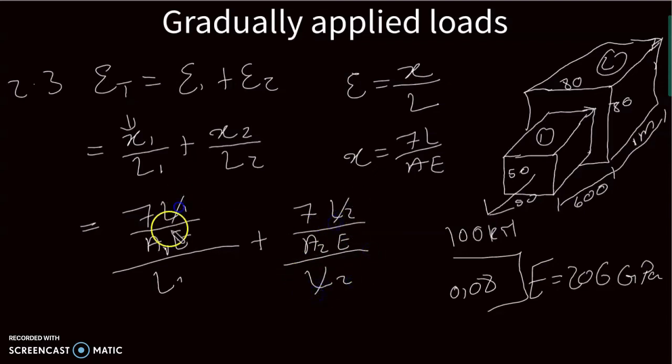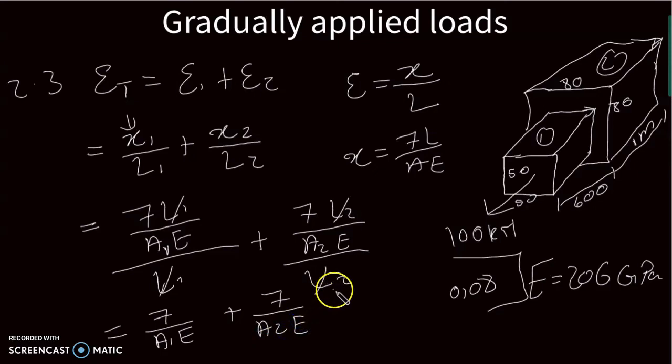This and this will cancel out. Then we will be left with a formula that is like this: F divided by area 1 modulus of elasticity, plus F divided by area 2 modulus of elasticity. And then from here, we are going to take the force and the modulus of elasticity because they are the same.